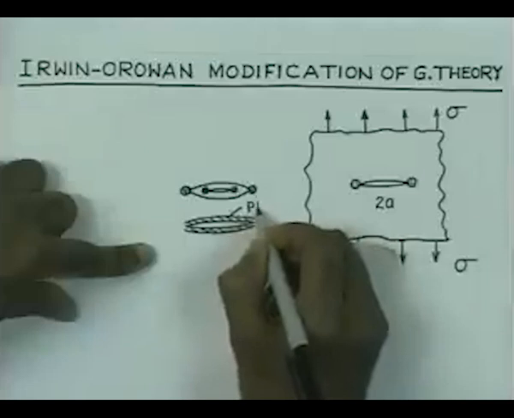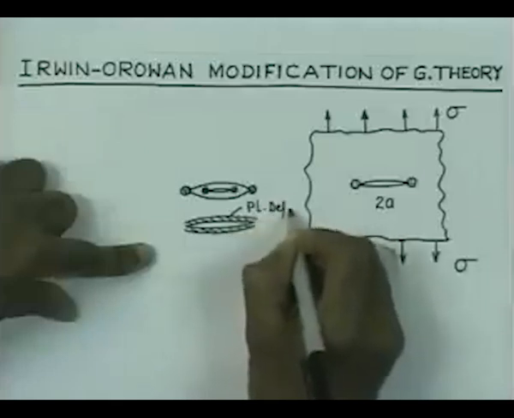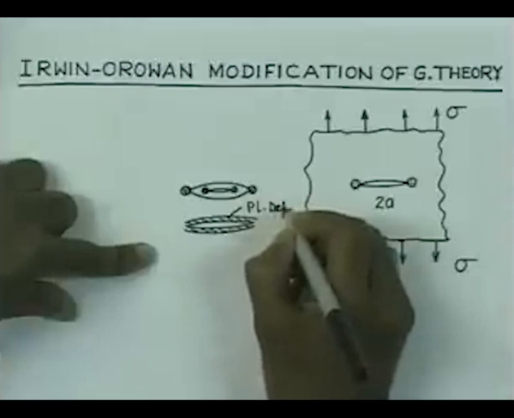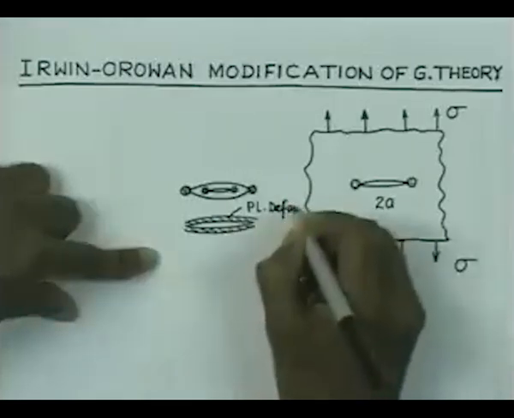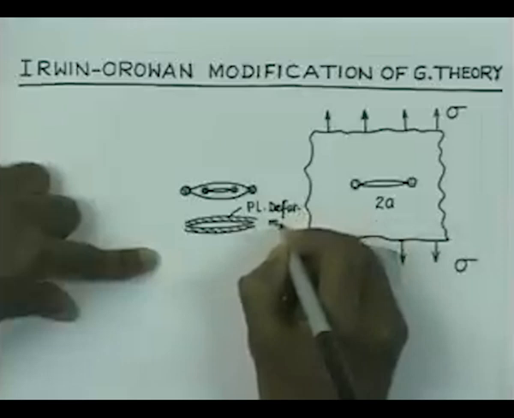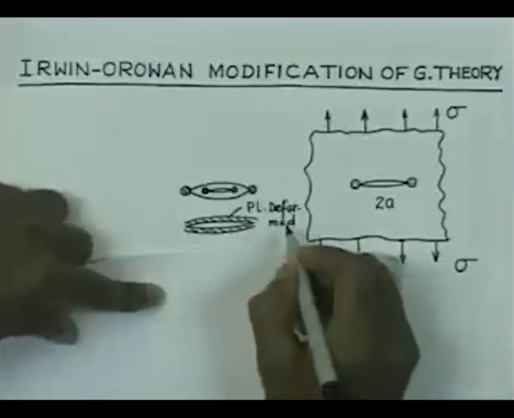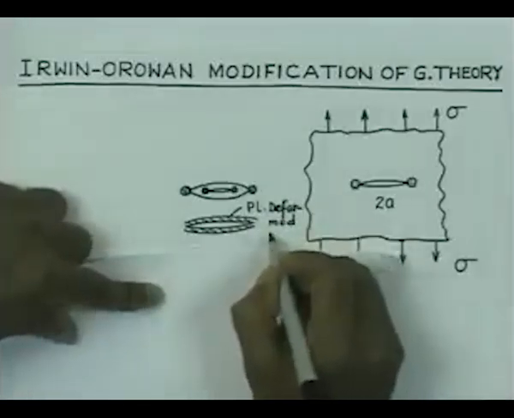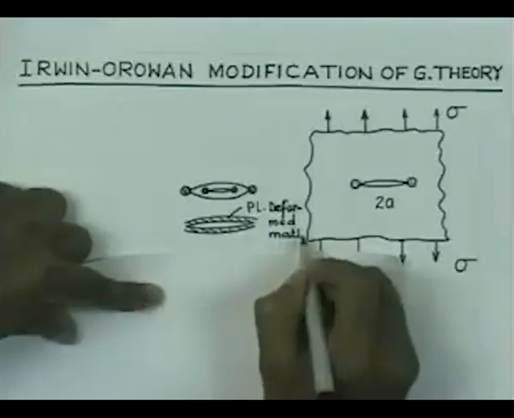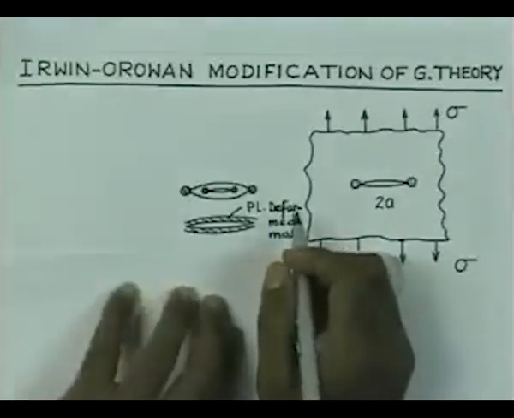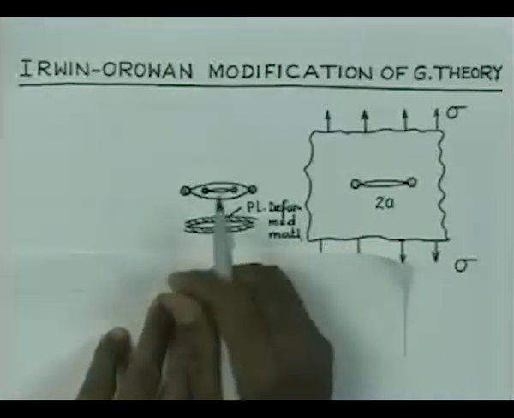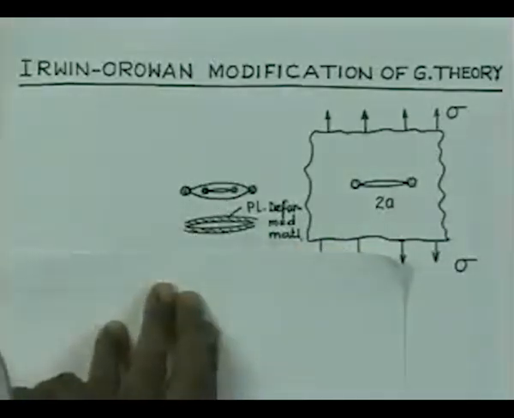So, these are plastically deformed material. You can appreciate that the plastic deformation requires some amount of energy. Whatever energy goes into it cannot be gotten back, like the surface energy. When the crack extension takes place, the surface energy is absorbed by the surfaces and we cannot get it back.